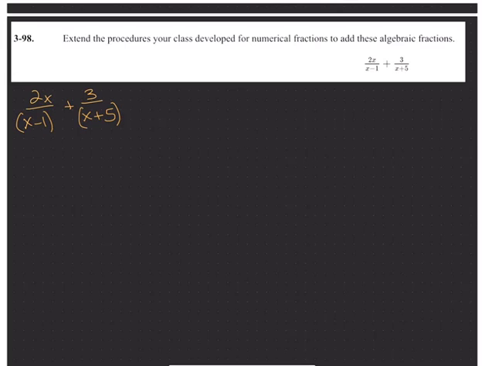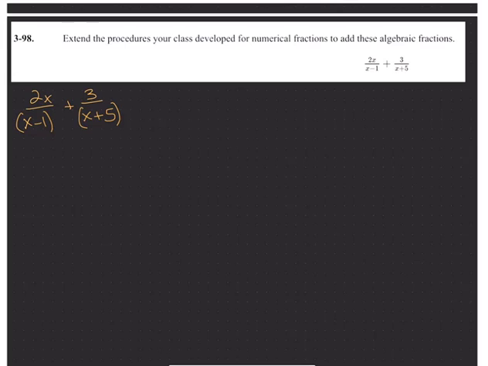So when it comes to finding our common denominator, we have to have the same factors when it comes to these being algebraic fractions. So in the denominator, we have that x minus 1 and that x plus 5. So when it comes to adding these and finding that common denominator, our common denominator has to have both of those.